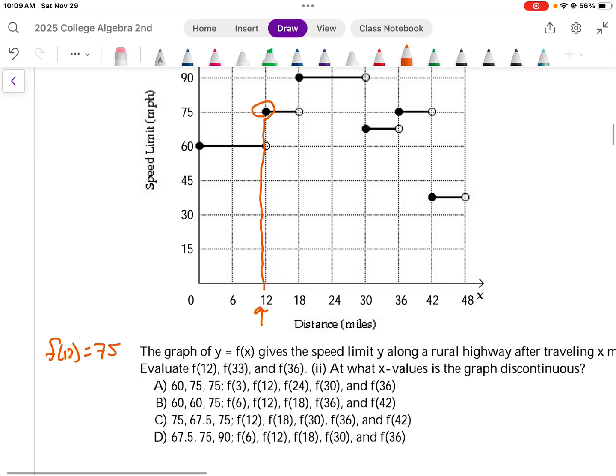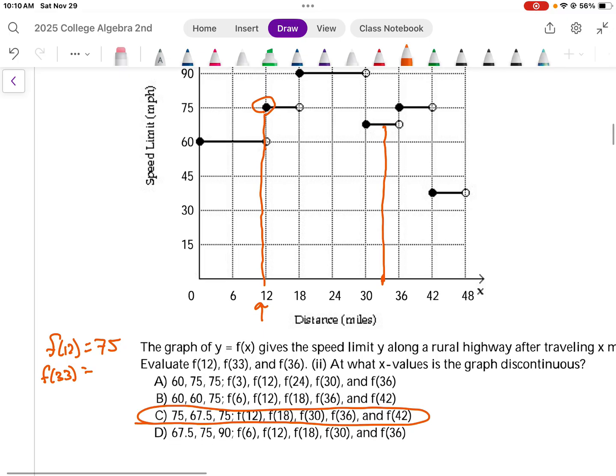Now, these are listed in order of f of 12, f of 33, f of 36. So right now, that's looking like our answer. But we can double check here. If I do f of 33, go over to where 33 is, somewhere right about here. Go up to my line here, and what's halfway between 60 and 75?